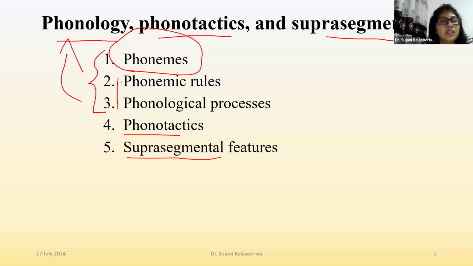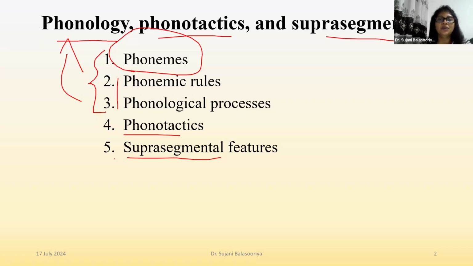So the second and third areas are new to you, and also number 4, phonotactics. It's not a complicated area; I will be introducing phonotactics there.